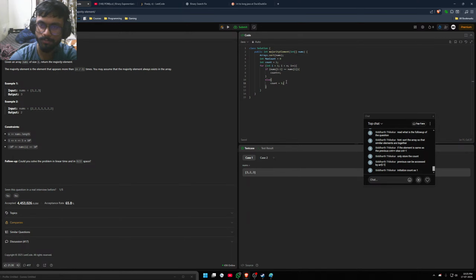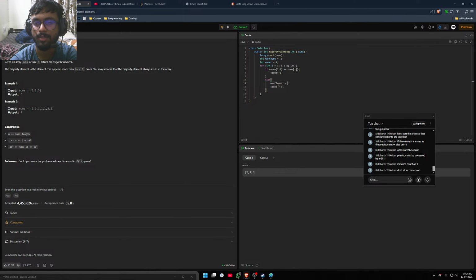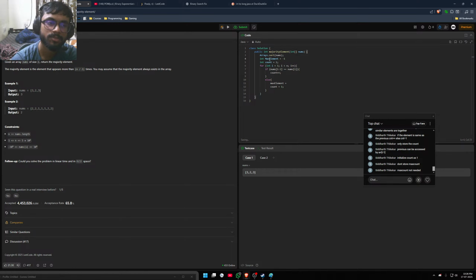And we just store. If you're saying count, just say max count, no? Dude, we'll just say max count, like the number itself. So max element, we'll say max element. Yeah, max count not needed, I think element is needed. We need the element out. That's what I'm doing.